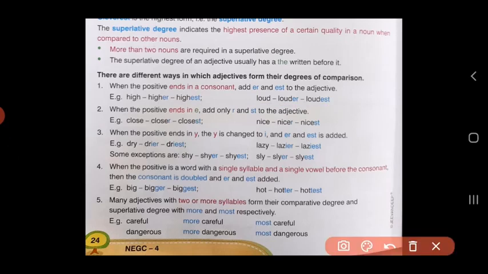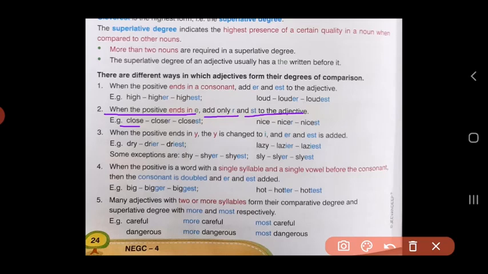Second, when the positive ends in E, add only R and ST to the adjective. So if it ends in E, you will only add R for comparative and ST for superlative. Close.